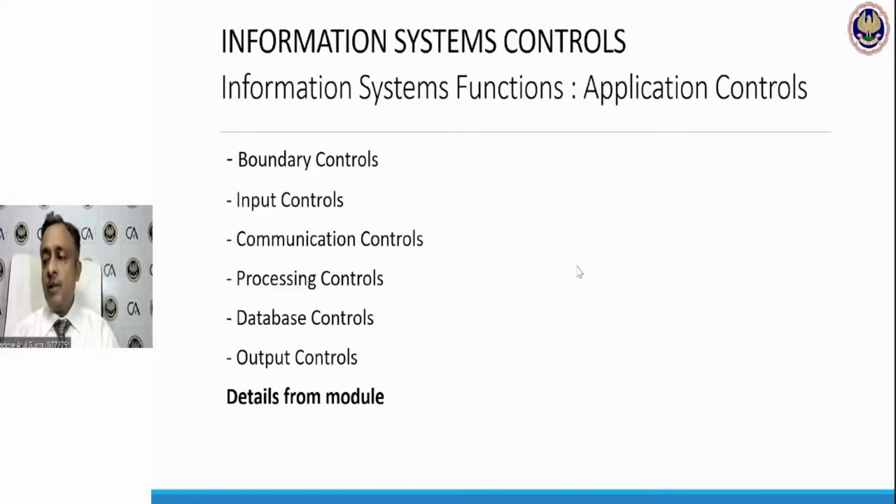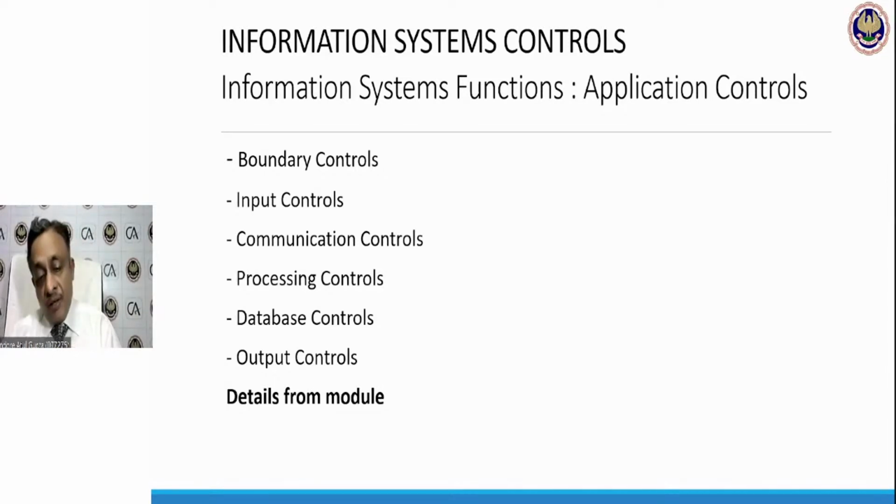So let us first just read the slides for the name of the controls, and then we'll go to the module. Application controls include boundary control, input, communication, process, database, output. These controls are part of application control. Let me define them and then we'll go to the module to read them. So boundary controls are those controls which relate to allowing entry to a user in the system. Then input controls ensure valid inputs are made to the system.